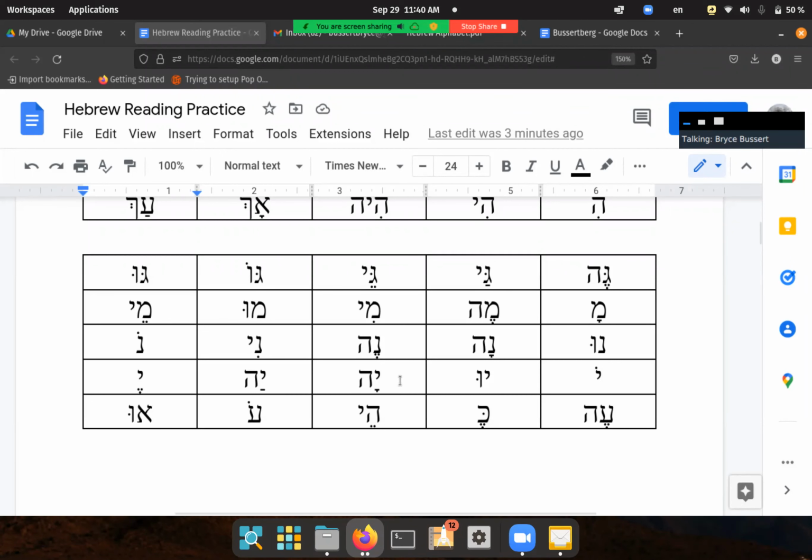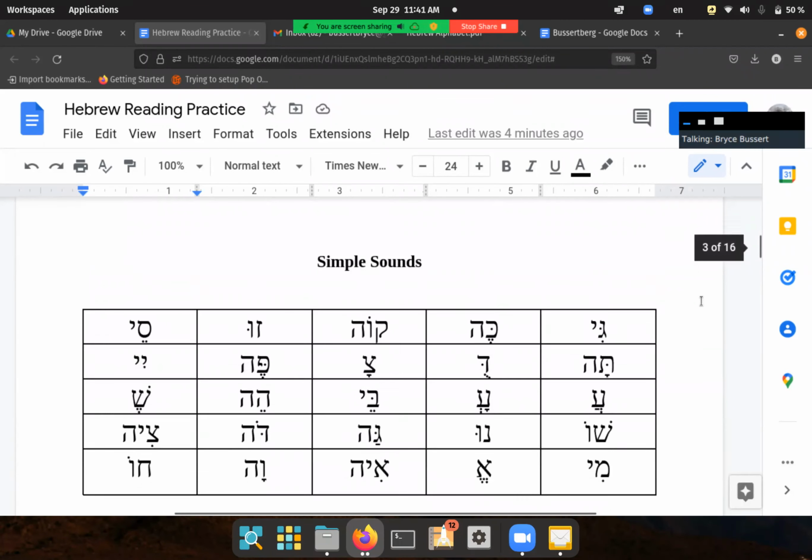Ya. Yeah. We have eh. Ke. This is kaf. Notice there's no little stem right here from a bet. This is ke. And you have hey. O. And ooh.